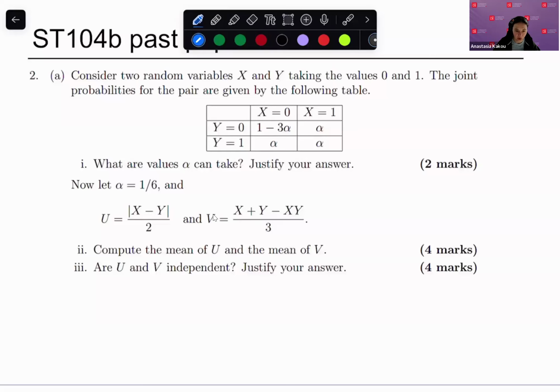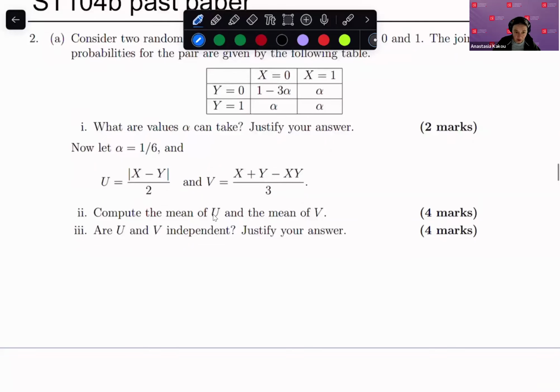and then answer some more questions. So the properties that any distribution satisfies, and that is true for the joint distribution, is that its values add up to 1, and also its values are between 0 and 1.